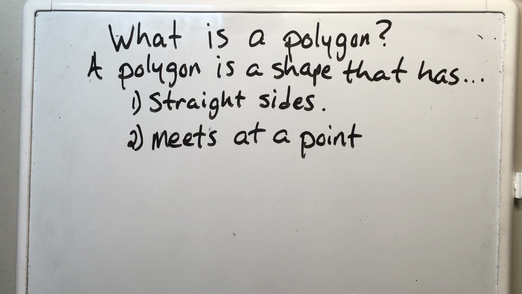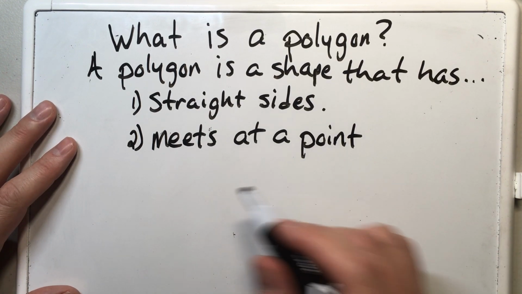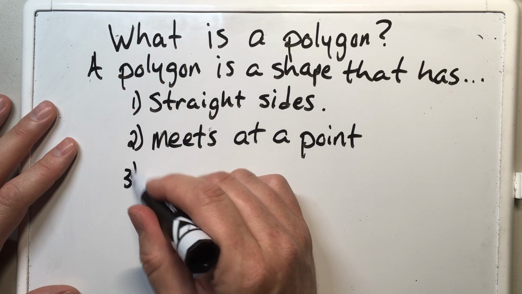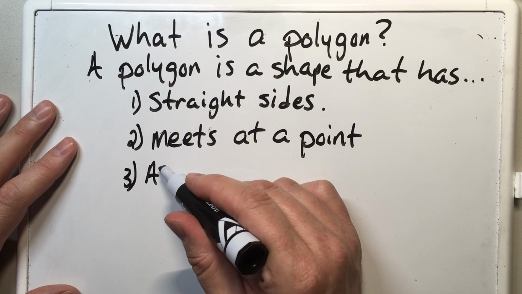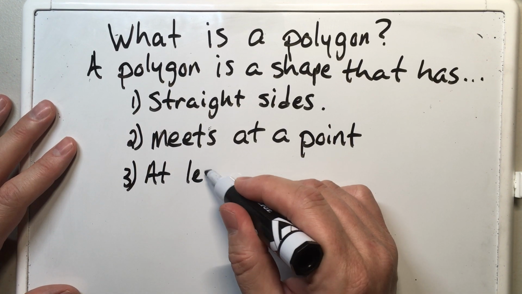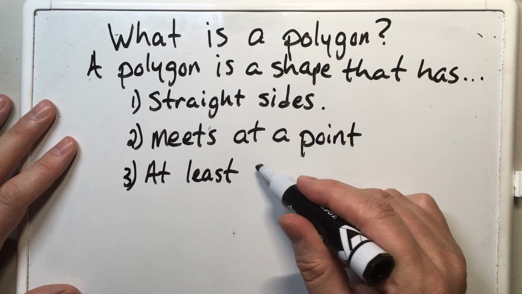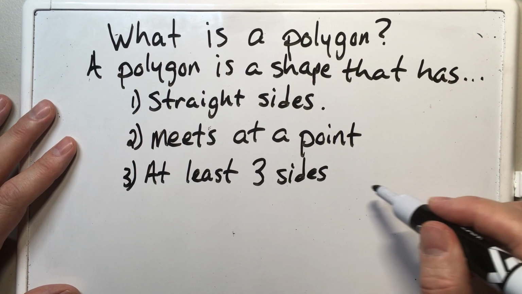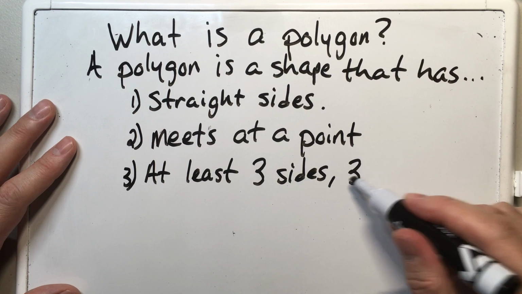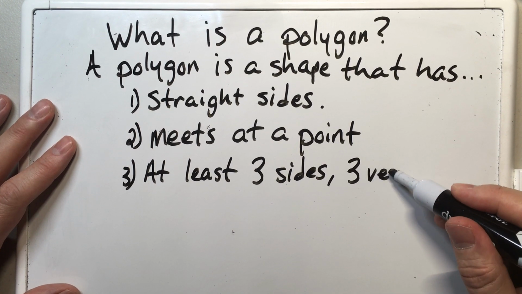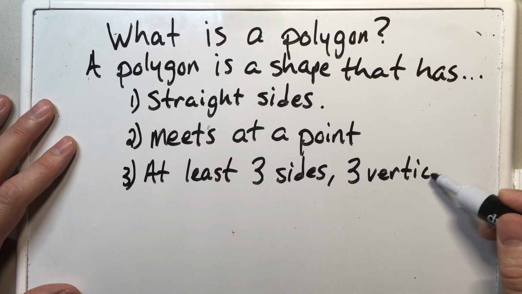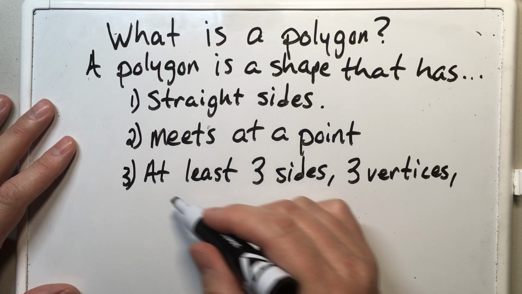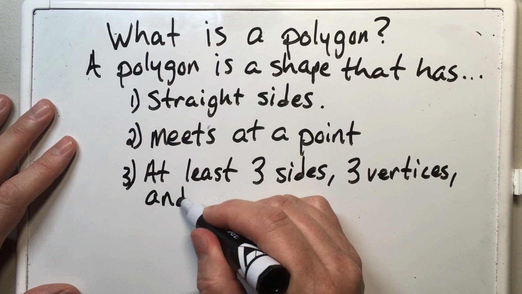Okay. A polygon is a shape that has at least three sides, three vertices, and three angles.